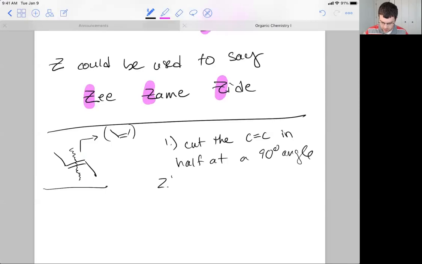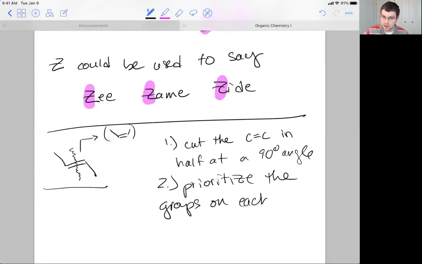Now, prioritize the groups on each side. What's nice about this is you hear priorities and you're like, oh, that was the hard part about R and S. But we only go up to 2. There's only 2 things attached because the carbons have only 3 things total, and one of them is the other half of the alkene. We don't prioritize that.